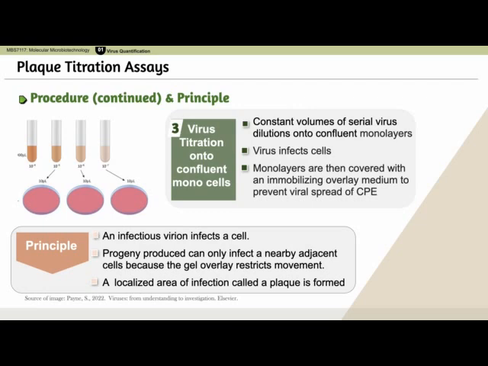Once an infectious virion infects one cell, the progeny that are produced can only infect an adjacent cell because of the gel overlay that restricts movement. Remember, it's an immobilizing overlay medium. So after some time, we are going to get a localized area of infection called a plaque.